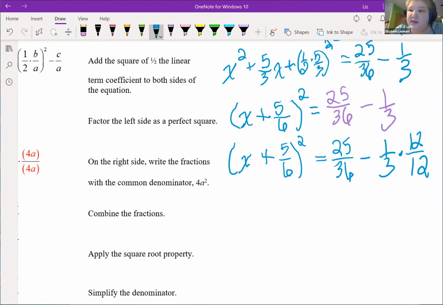So, makes sense with what we're seeing on the left side. All right, so still x plus 5/6. But now I can actually minus 25 minus 12 is 13. And now it's 13 over the lovely 36.